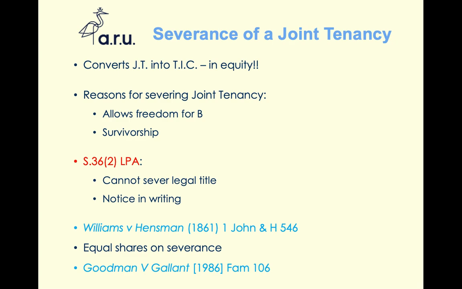So in Goodman and Gallant, we have a husband and wife who want to sever their interest into joint shares at a later date. However, there was a 3/4 to 1/4 split in terms of equality of contribution, but because they had expressed themselves as joint tenants, it meant that they were in brackets, they were a collective, and therefore they got 50-50 at a later severance.